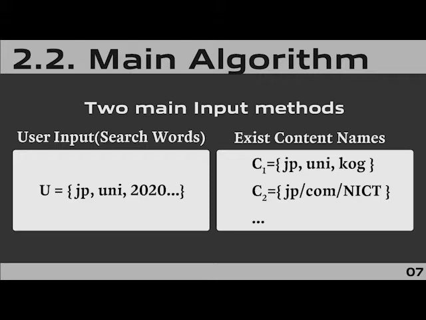The reason why the known content names are needed is that a hint is needed to generate a new candidate content name. By doing so, we can reduce the number of generated content names and the number of sent-out interest packets, while increasing the possibility of getting the content that users want.